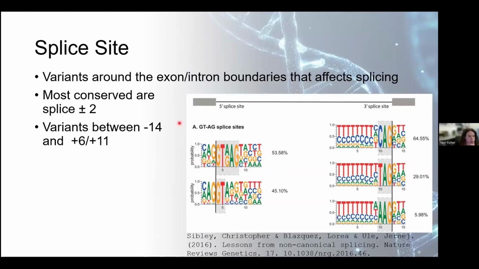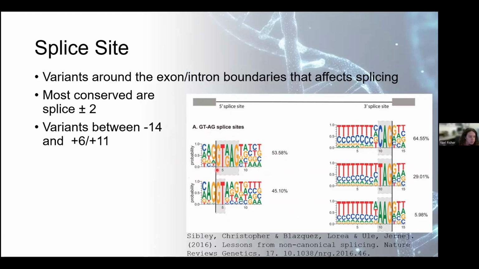And in this case, we're looking at splice sites or exon-intron boundaries in the human genome, and most of them would be on the 5' end, AG on the intron side, and then GT in the exon side.